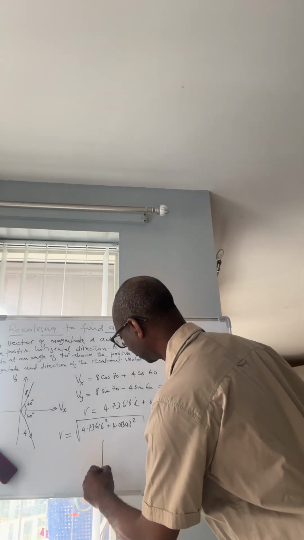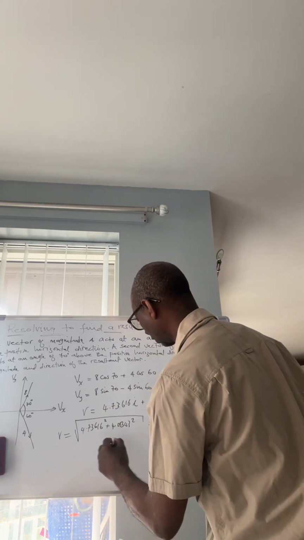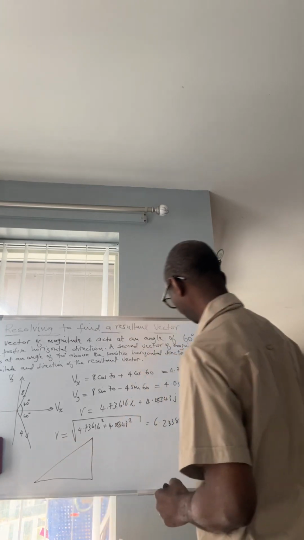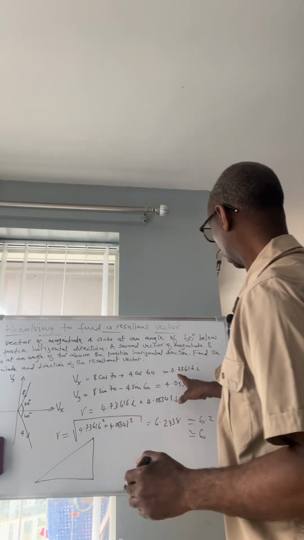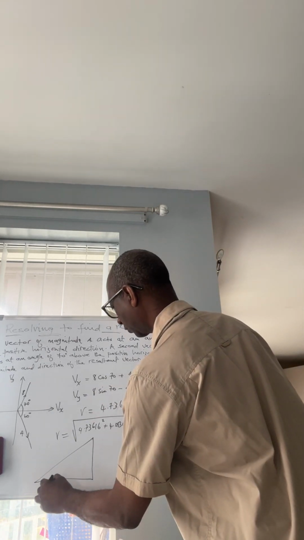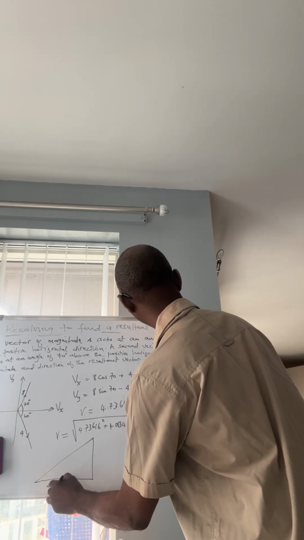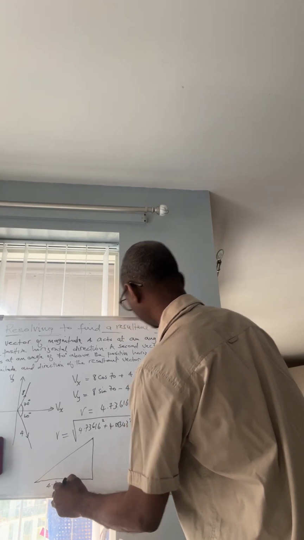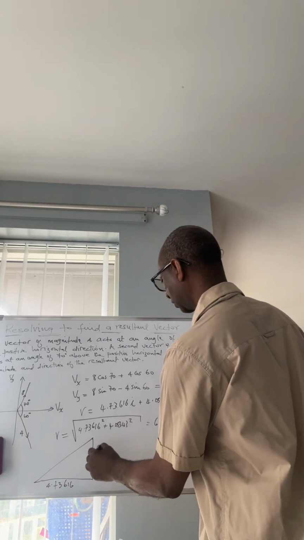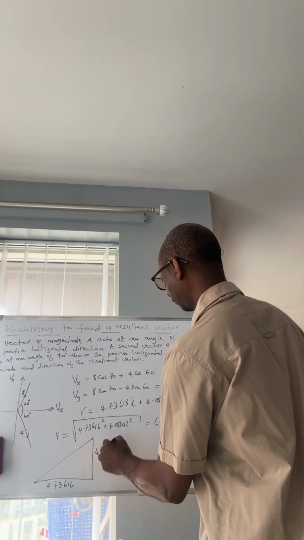To find the direction, we have, say, this angle. You have the x component or the horizontal component, which is 4.73616, and you have the vertical component, which is 4.05343.